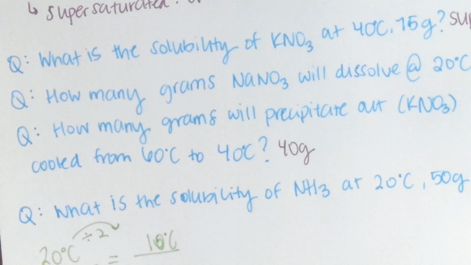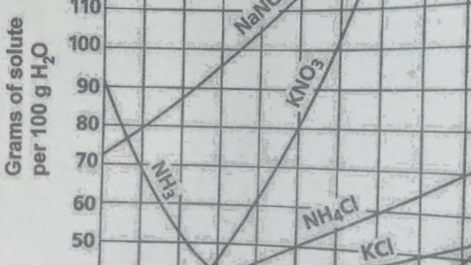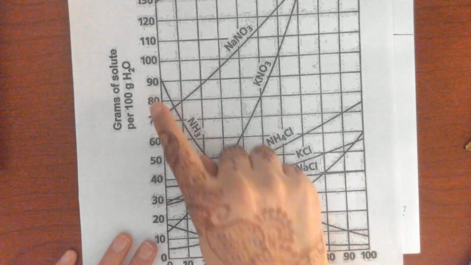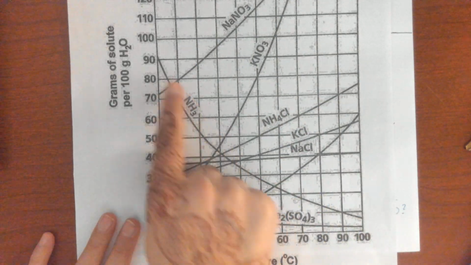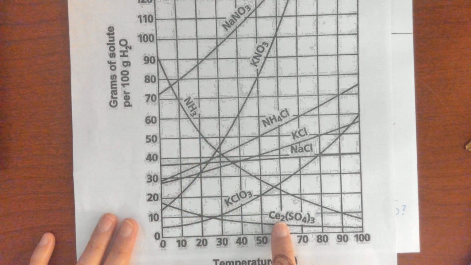Okay, so another thing I want to mention, this is a big hint. I can't really write this out, so I'll just explain it because we did talk about this before. So remember in our graph here, notice how all of these are curving upwards, except these two are curving downwards, the NH3 and the cesium sulfate.